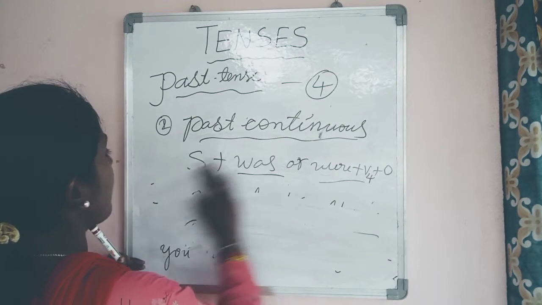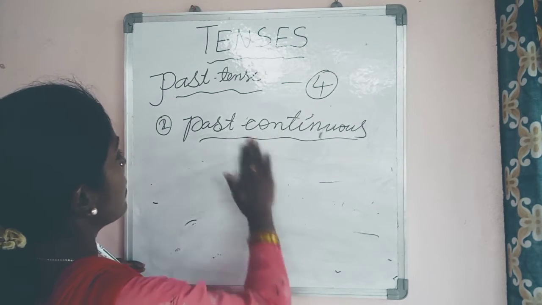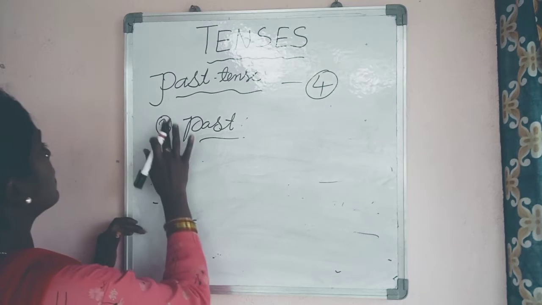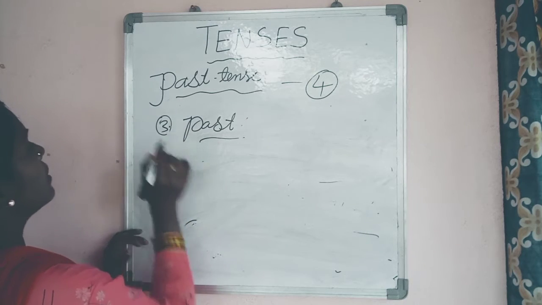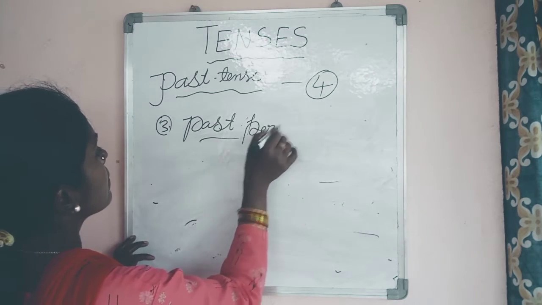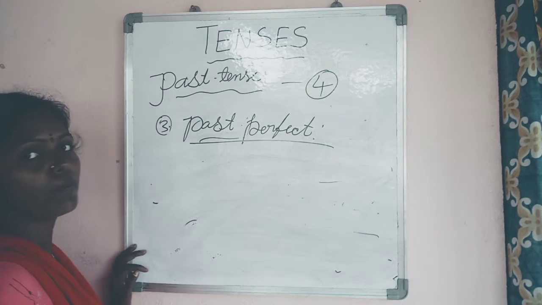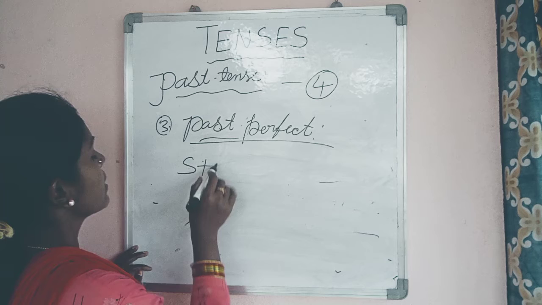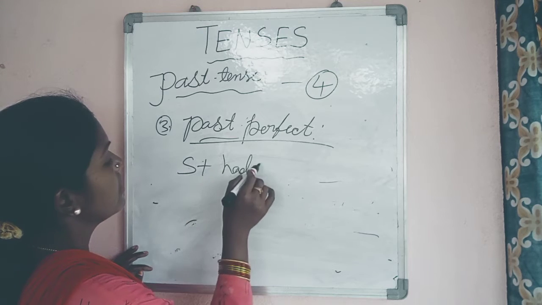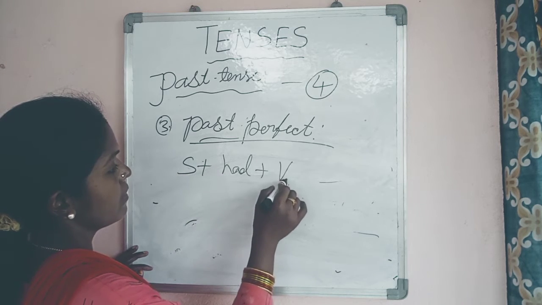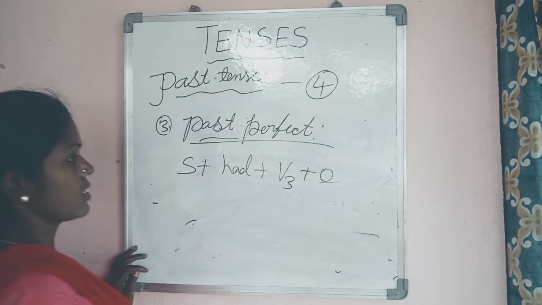Next, the third one is past perfect. The structure of past perfect is subject plus had plus V3 plus object.